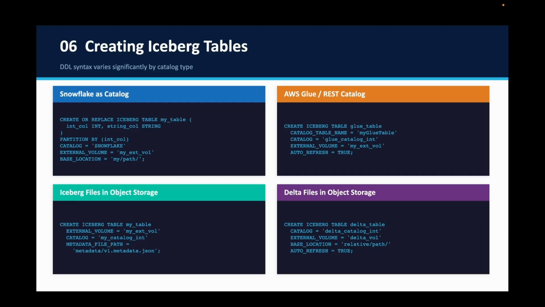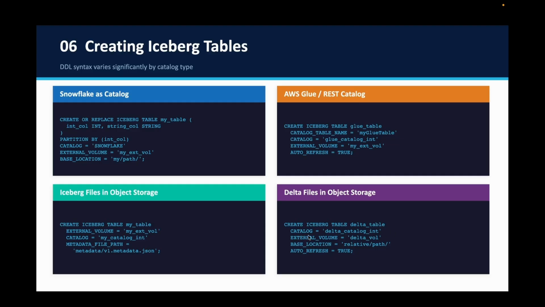Delta files in object store. In this case, we are creating an Iceberg table referring to the delta location. It's the location where the delta files are created. Typically, it is any engine that supports delta that creates delta metadata and corresponding data files.